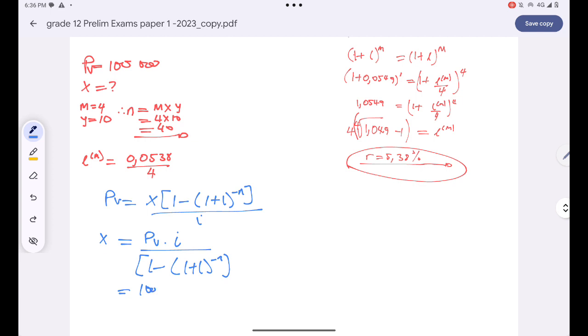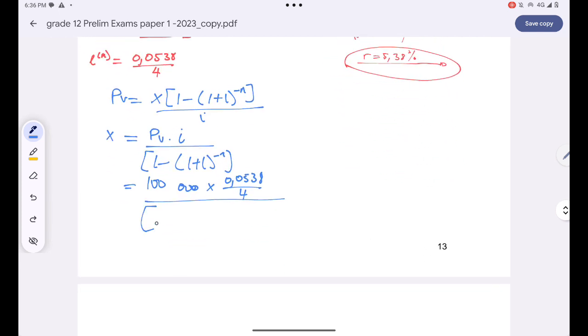So that's 100,000 rands multiplied by 0.0538 divided by 4, all over 1 minus (1 plus 0.0538 divided by 4) to the exponent of negative 40.